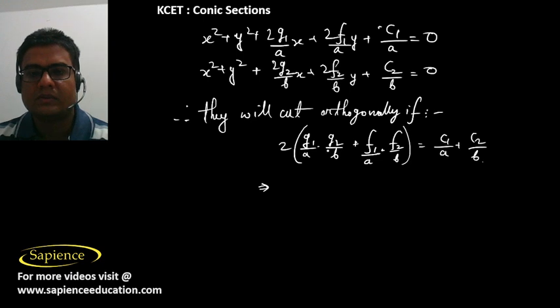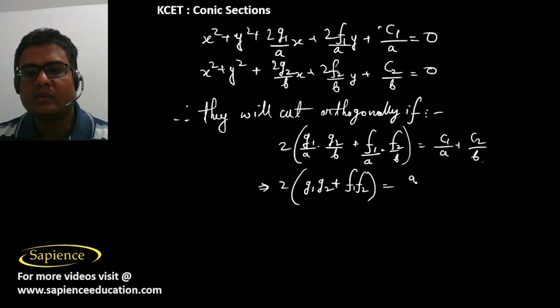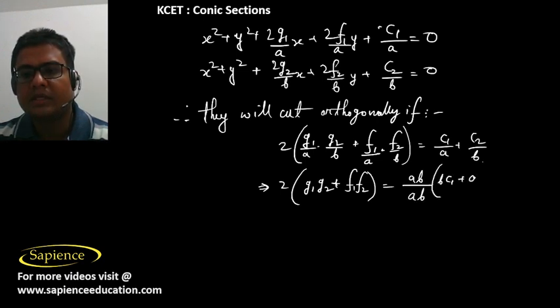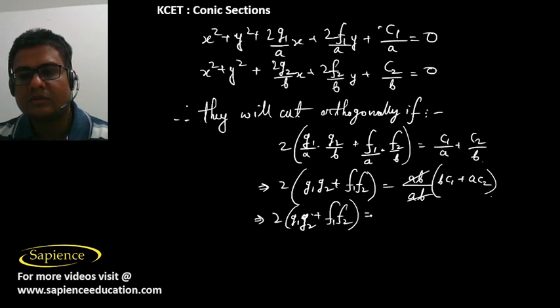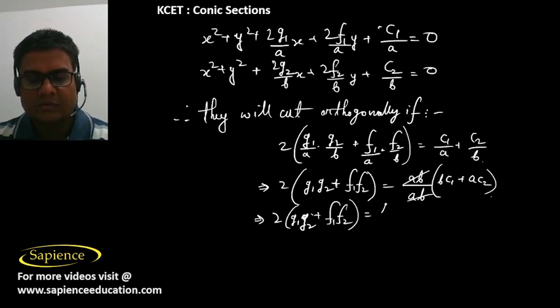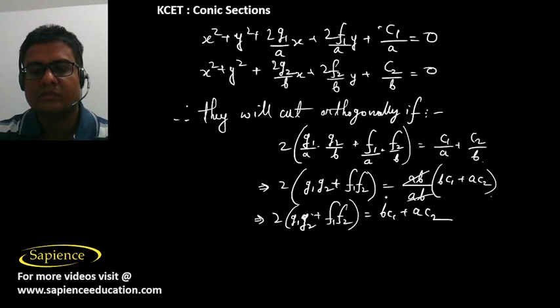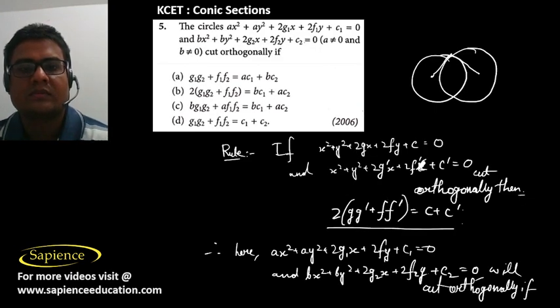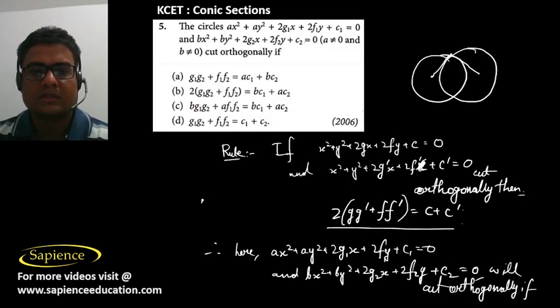So we can say it will be 2 into g1 g2 plus f1 f2 equal to ab by ab into bc1 plus ac2. ab and ab will cancel. So therefore 2 into g1 g2 plus f1 f2 is equal to bc1 plus ac2. So option B is the correct answer.